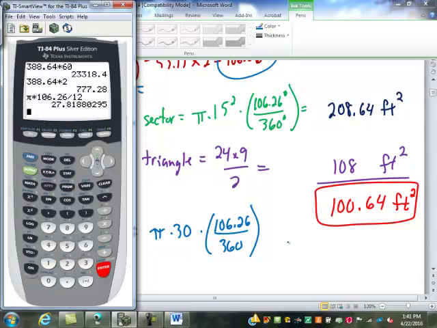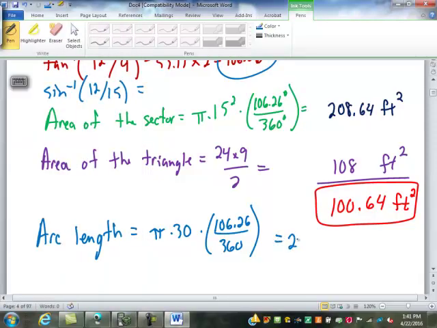Which gives us 27.82 feet. Anybody have any questions on where I got that length?